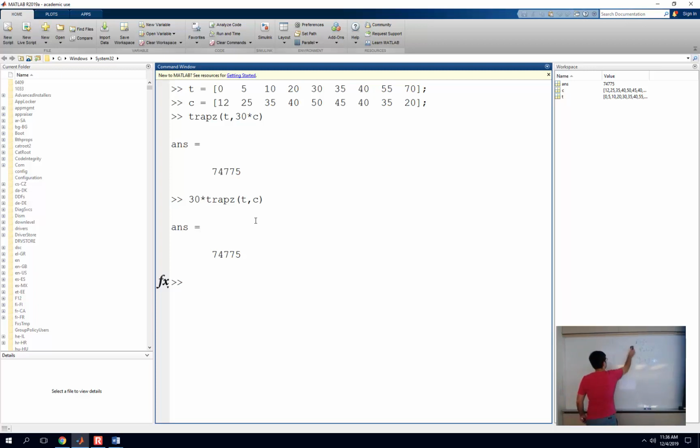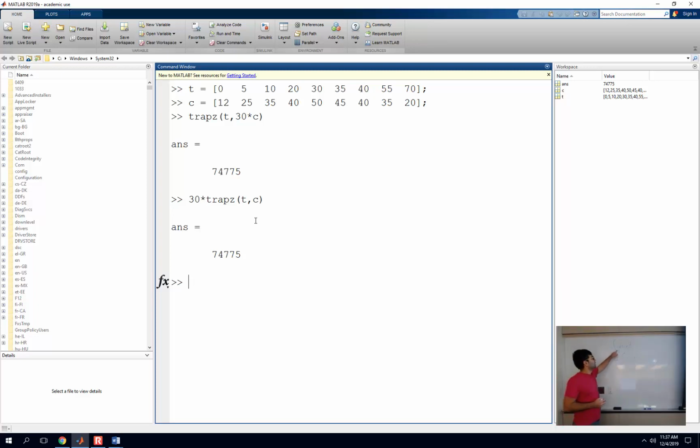That integral of qc dt, q was constant, right? So you can write it as q times integral of c dt.